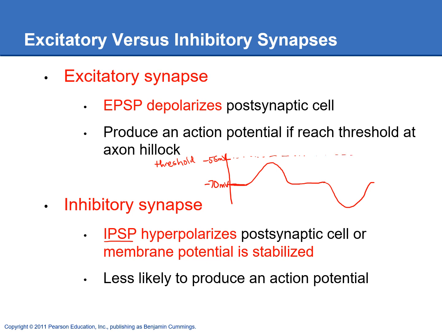You're not going to reach minus 55 millivolts at the axon hillock, and so you're not going to open those voltage-gated sodium and potassium channels, and so you're not going to get an action potential triggered. The other way to get an IPSP is if the resting membrane potential is stabilized, and we'll show you how that can happen. So if it just stays at minus 70 millivolts, that just means it's stabilized. So that would also be inhibitory because you're not getting any more positive, you're not getting any closer to threshold either.